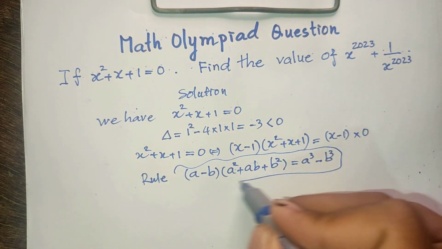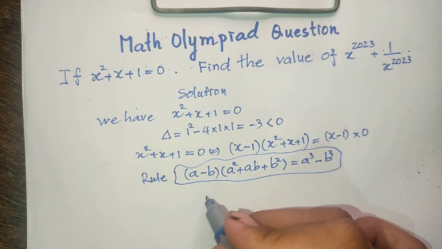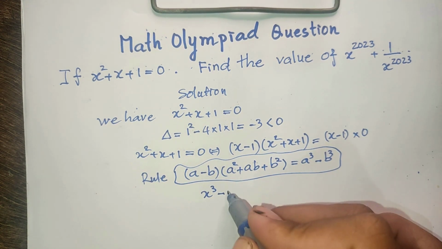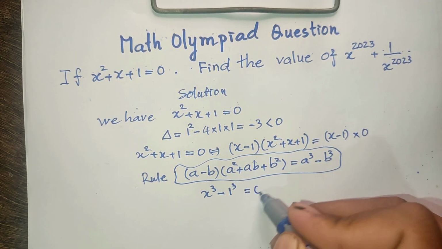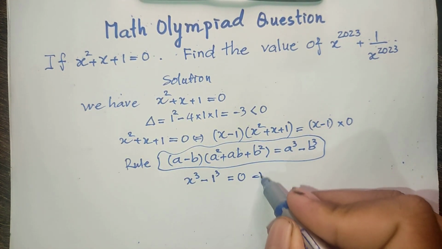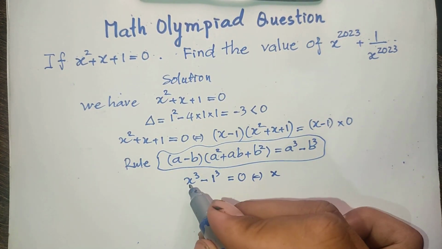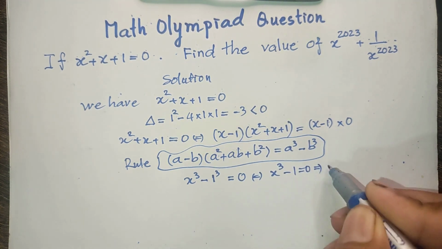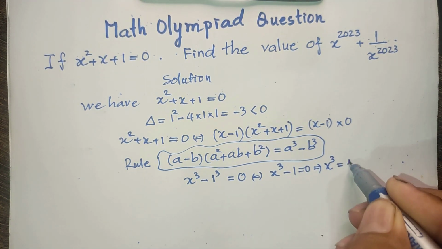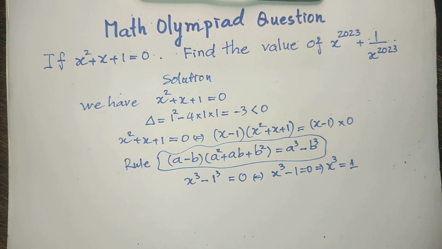So we get x power 3 minus 1 power 3 is equal to 0. And we get x power 3 minus 1 equals 0, and we get x power 3 is equal to 1. So now we get the value of x power 3.